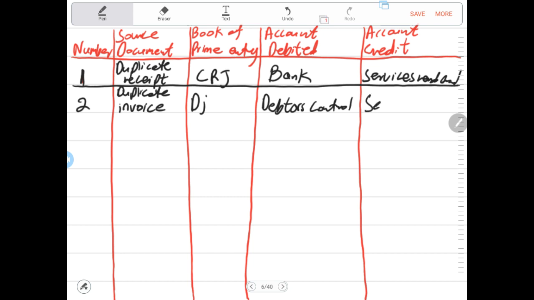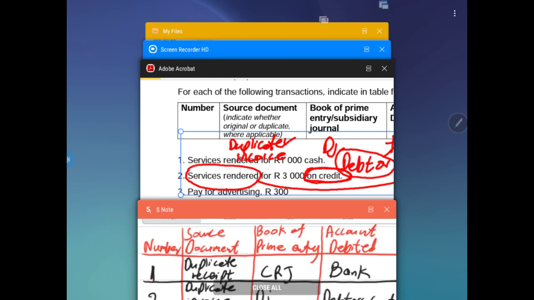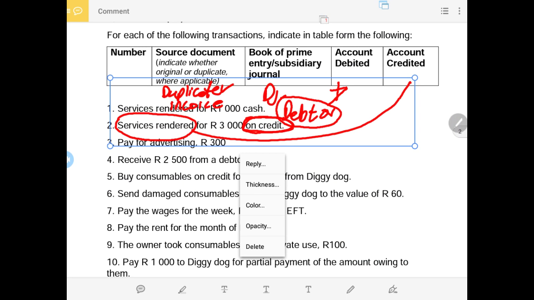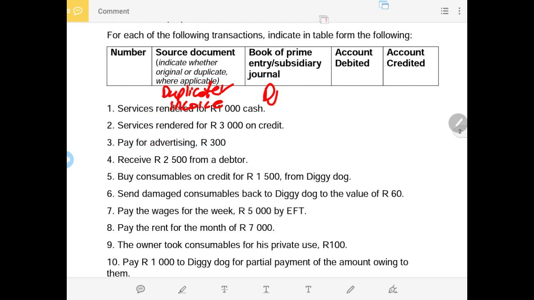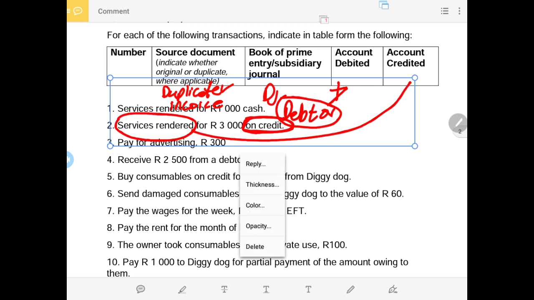Account to be credited, we said that will be services rendered. Services rendered. That will be our number 2. Nine transactions are left. Then we go to the next transaction, which is transaction number 3.